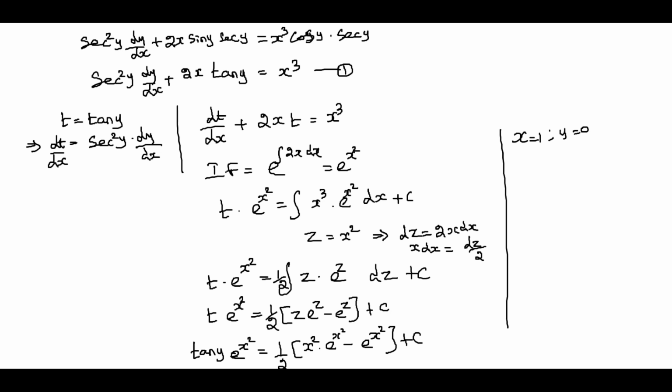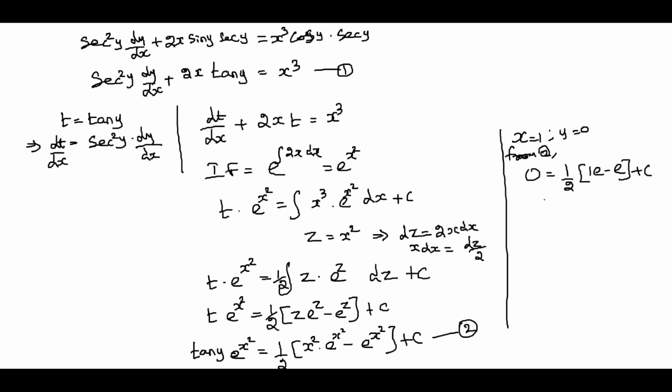If you substitute in equation 2, the left side will be 0, and the right side equal to 1 by 2 into (e minus e) plus c.